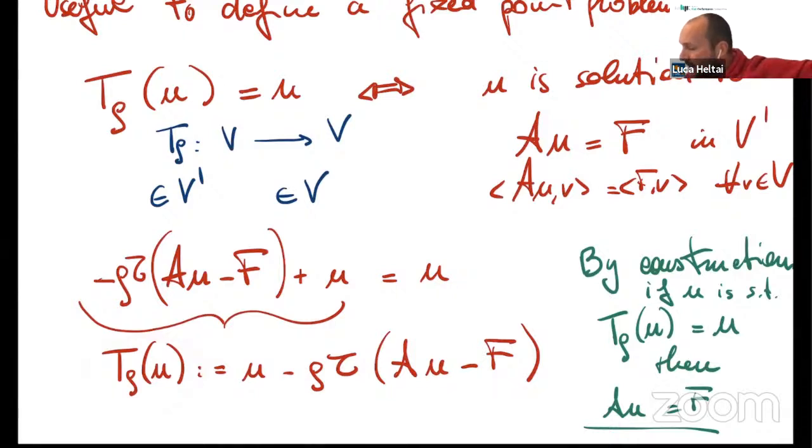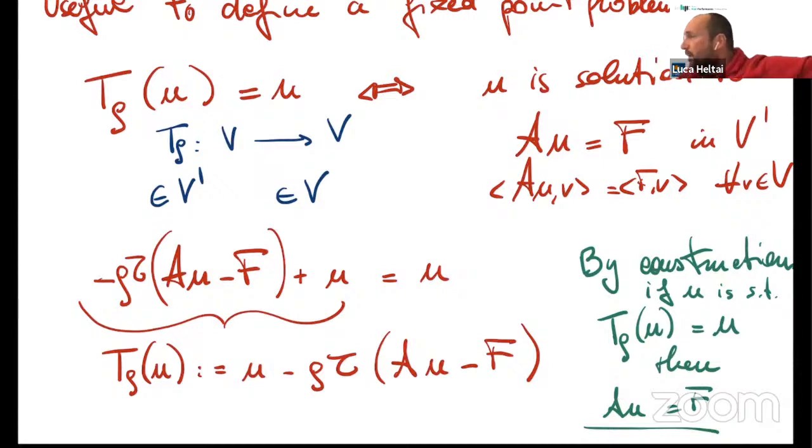We constructed it so that whenever T rho of u is exactly equal to u, then this simplifies and you have that rho tau AU minus F is equal to 0, which means that AU is equal to F. Okay?